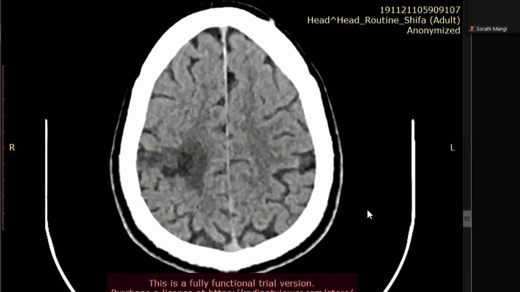Okay, ma'am. A young patient came with dizziness and drowsiness, sudden onset.